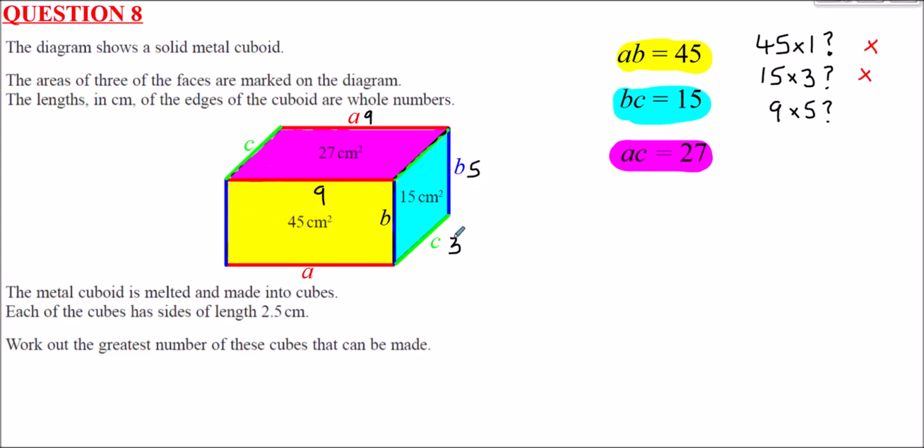And if we try C being 3 here, voila, it works, because 9 times 3 is 27 as well. So A being 9, B being 5, and C being 3 works. Therefore, A has to be 9, B has to be 5, and C must be 3.